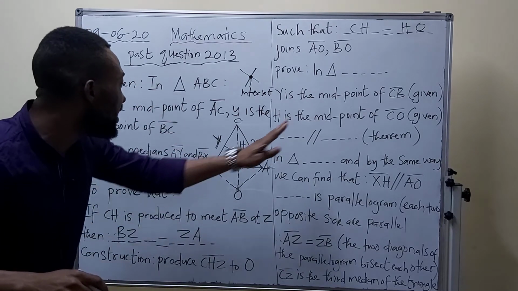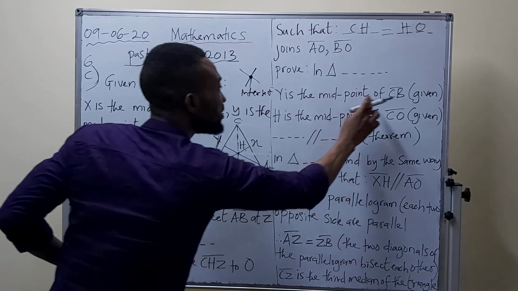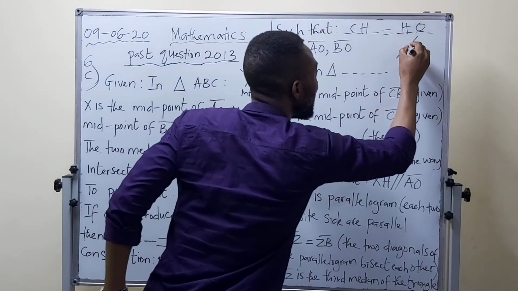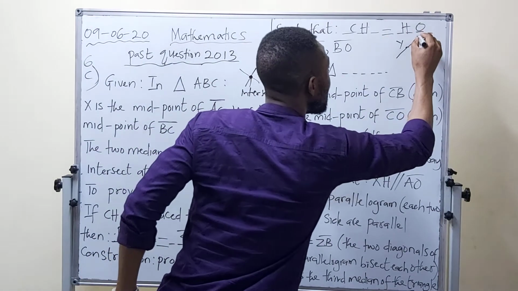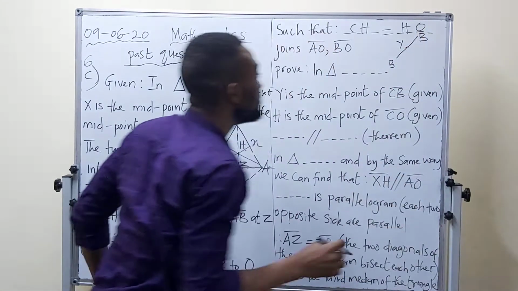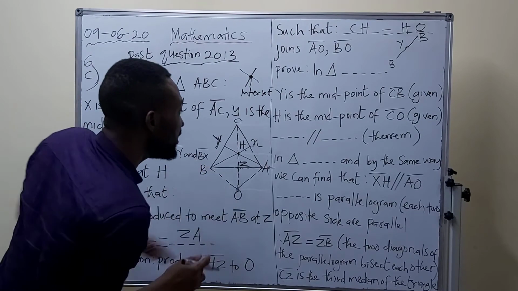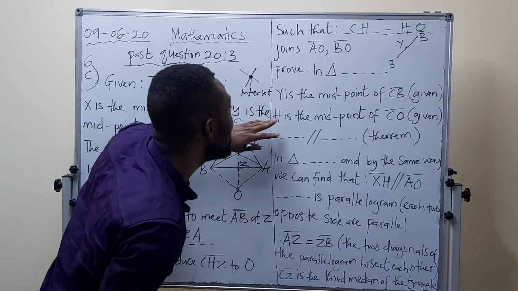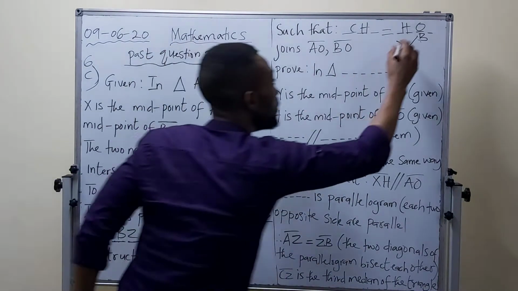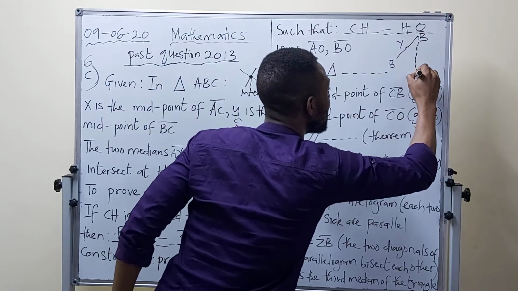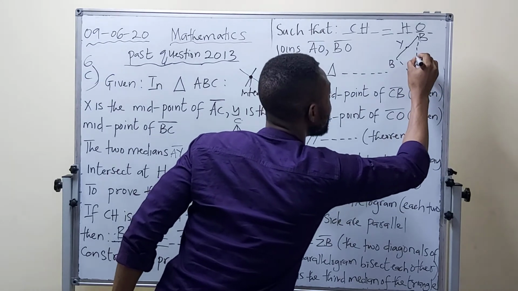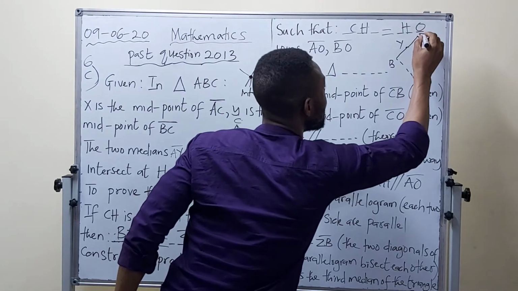If you look at it, they are talking about dimension CB. My CB comes like this. They say Y is the midpoint, so I have my Y like that. That is C, then B. Then they said H is the midpoint of CO. This is O, and H is around somewhere here.